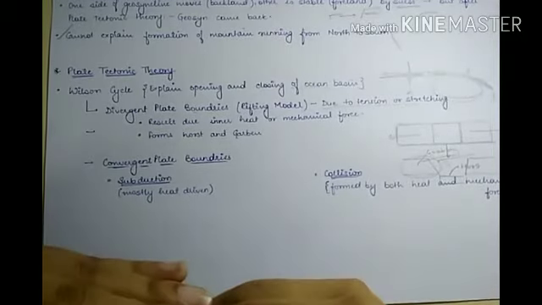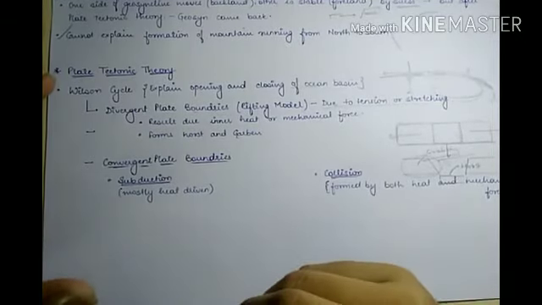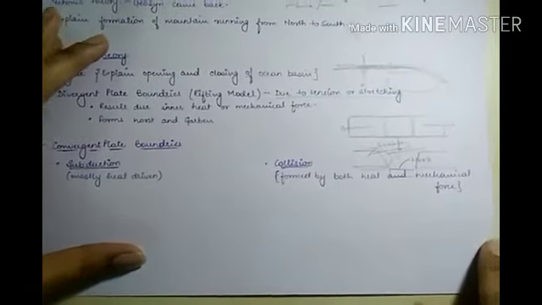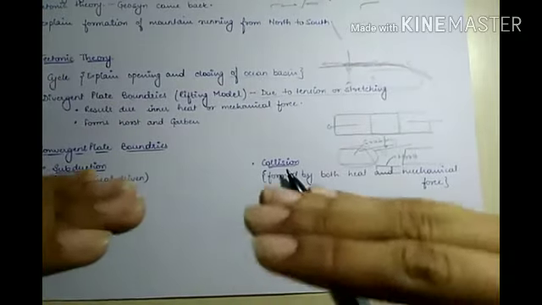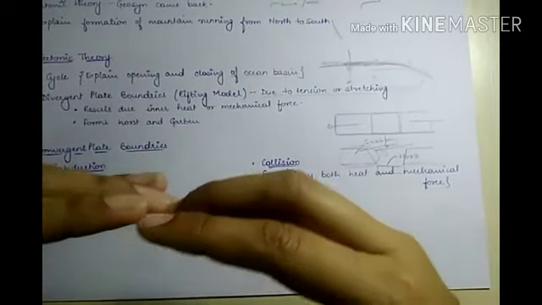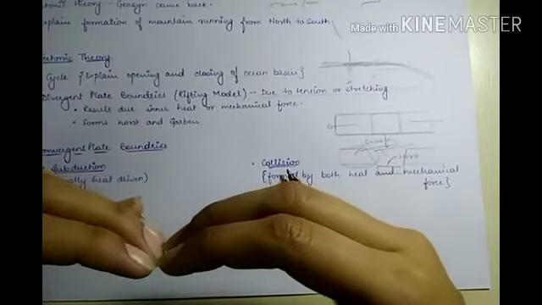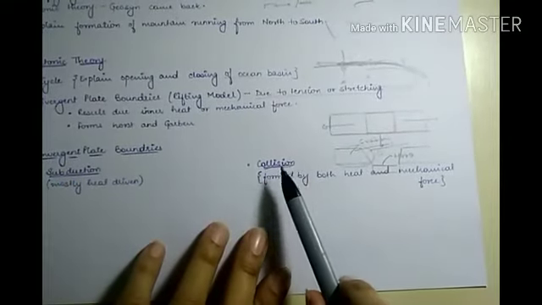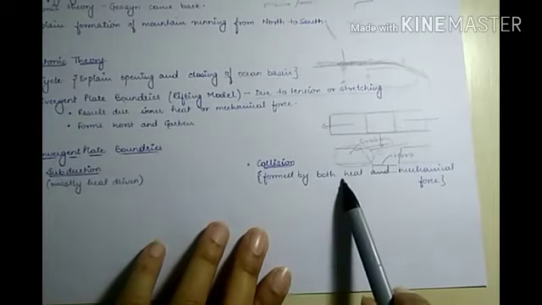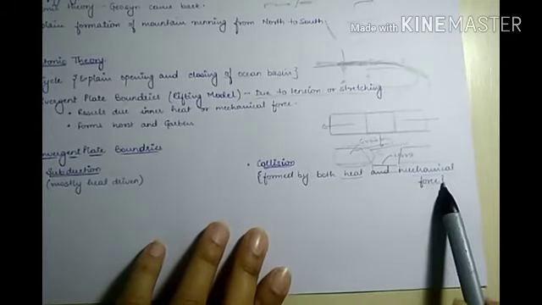This subduction is mostly heat driven. The next one is collision, in which the two plates collide with each other and folds occur. This collision can be formed due to both heat and mechanical force.